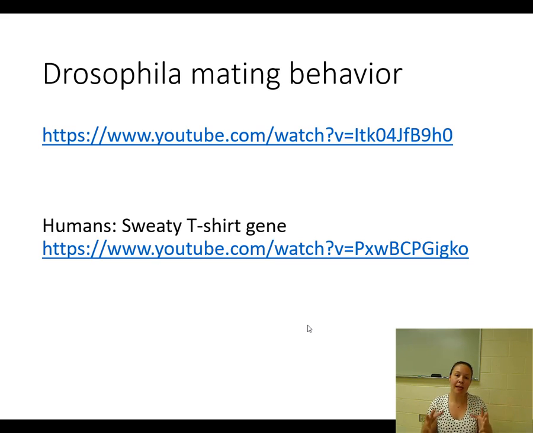If you then mate the male and the female, their offspring would have a variety or a hybrid of different immune system genes that would allow that offspring to function better in its environment and have better resistance to pathogens like bacteria and viruses. So that sweaty t-shirt gene really does have some sort of not only physiological response, but also it has something to do with our allele combinations. So that's important to look at in terms of putting together the microevolution component along with the more macro evolution component.